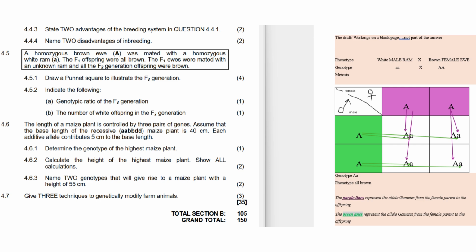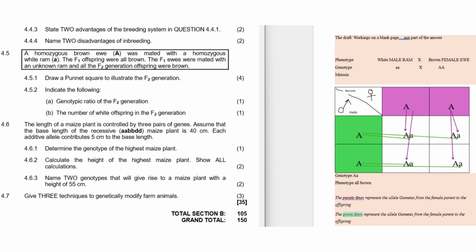Let's go to question 4.5.1: draw a Punnett square to illustrate the second filial generation. So I don't want the first one, they want the second one. If you know the course, homozygous and pure breed are the same terms.